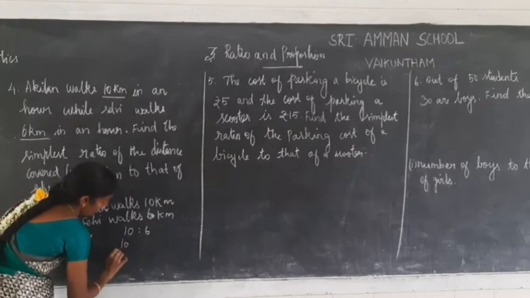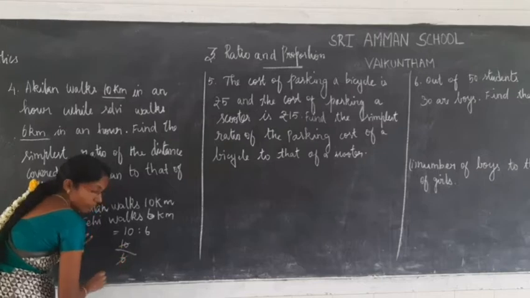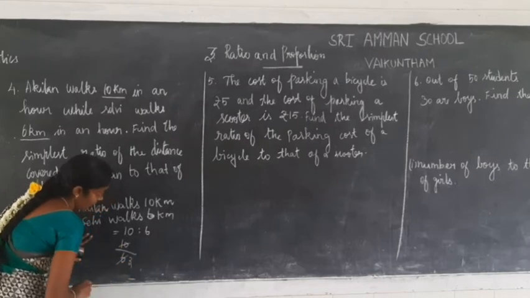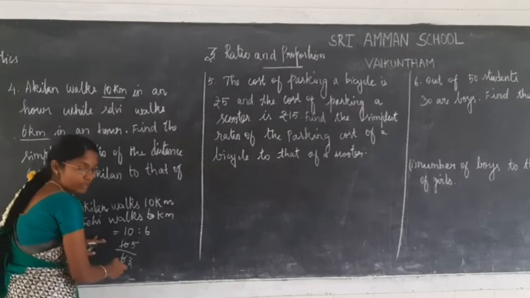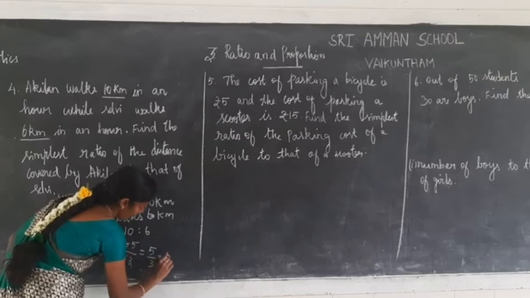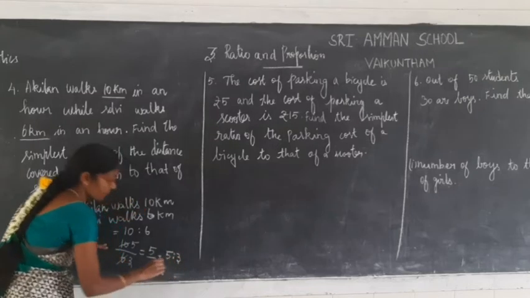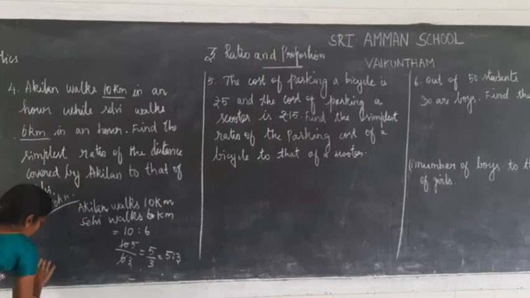So how will you write 10 divided by 6? Which table? 3 2s are 6, 5 2s are 10, from the second table. So we cannot simplify further. So how will you write? 5 divided by 3, which is equal to 5:3.